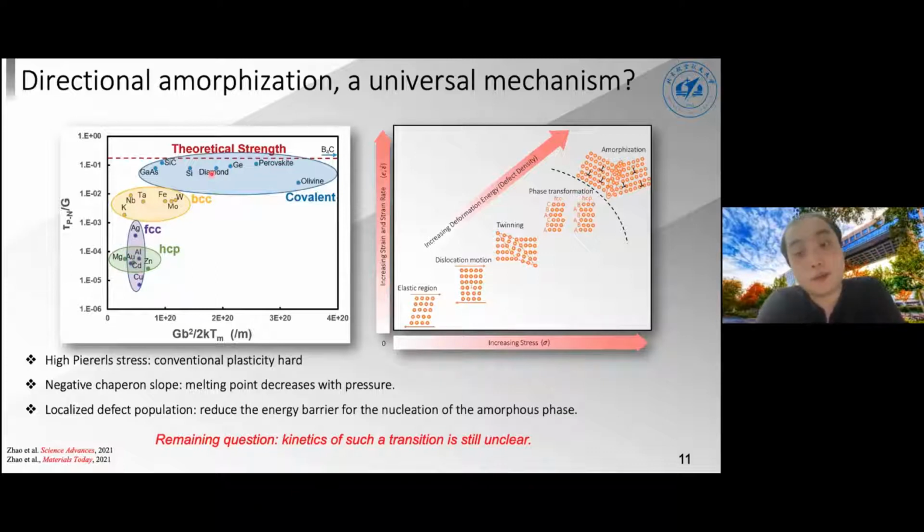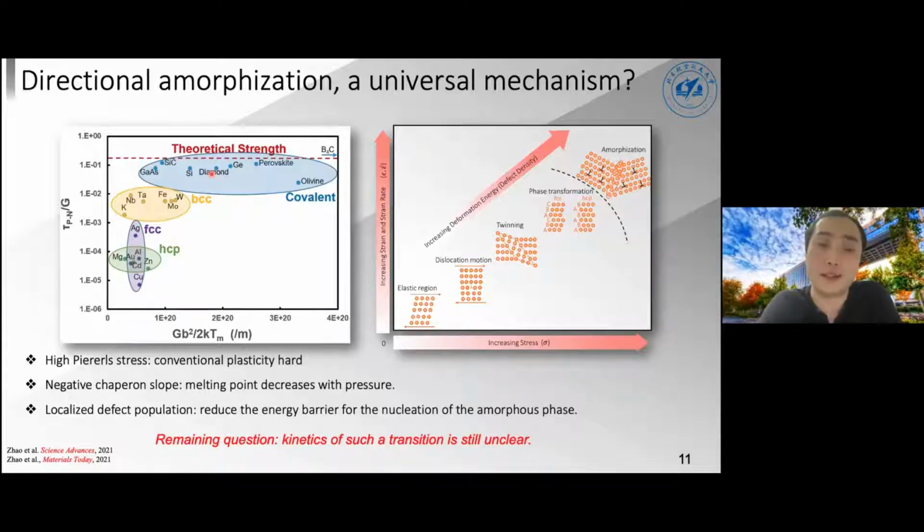So therefore, we propose that directional amorphization can be a general deformation mechanism when materials are subjected to extreme loading conditions. This extreme loading condition can be a high stress state, high strain rate, or high strain energy input. Of course, there are still many remaining questions, for example, how fast amorphization would occur and how it can accommodate plasticity in polycrystalline materials.